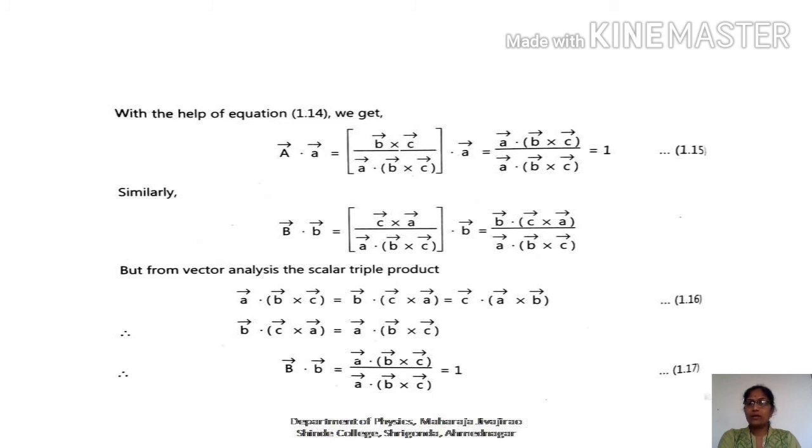Hence, b dot c cross a equals a dot b cross c. Substituting this value, we will obtain capital B bar dot small b bar is equal to 1.